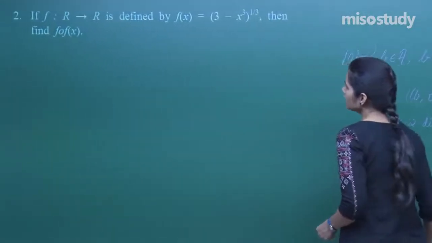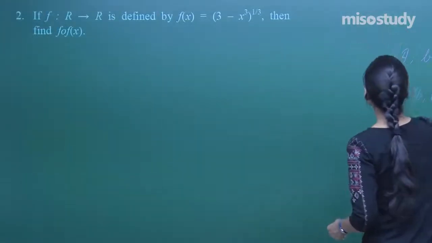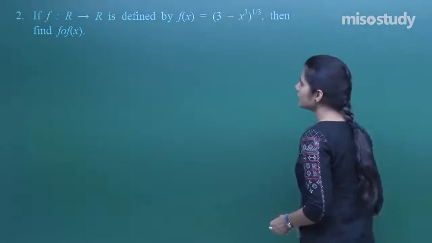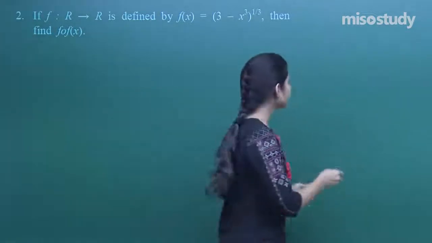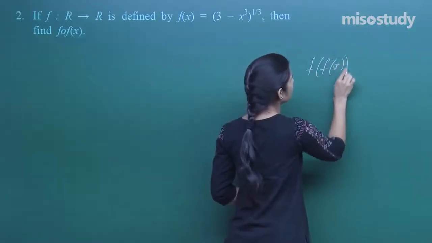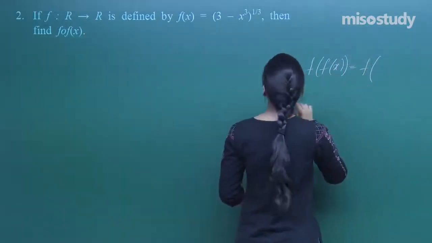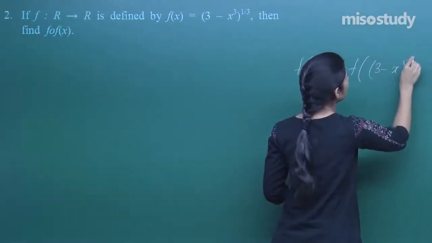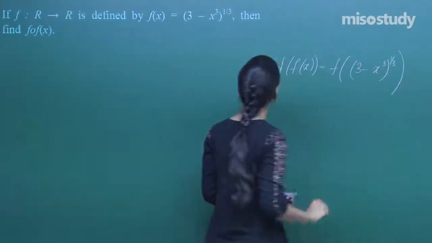Next you have f is a function from the collection of all reals to the collection of all reals, defined in this manner. Find f of f of x. Let's try and find, this is pretty simple. f of x is what? 3 minus x cube whole to the power 1 by 3.